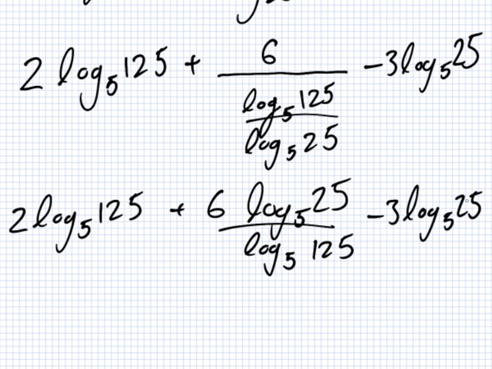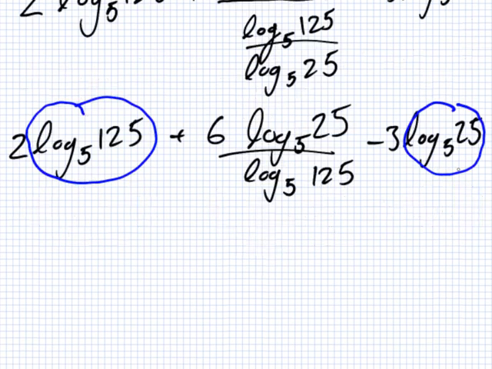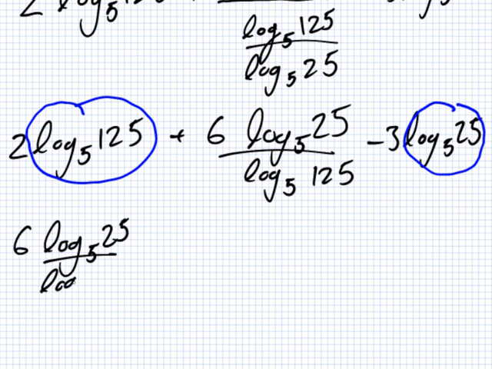And as you said, you have 2 logs here, and here you have 3 logs, so we can just minus them. 6 log 5 of 25 over log 5 of 125. And what do I get here? Minus, yeah, log 5 of 25.